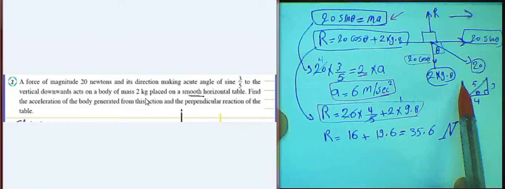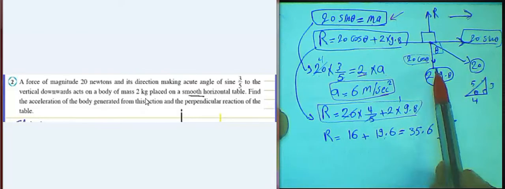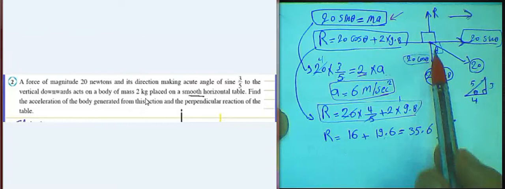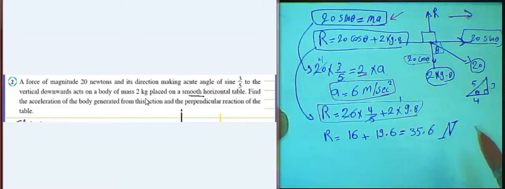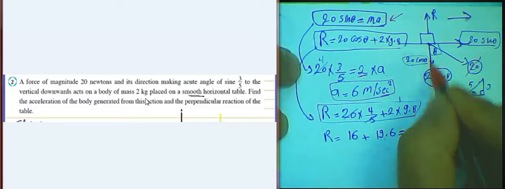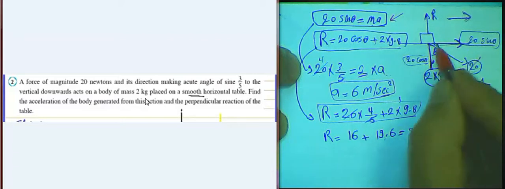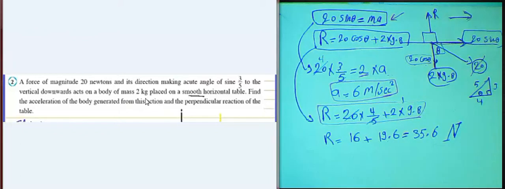Again, a force of magnitude 20 newtons, in a direction making acute angle theta to the vertical downward, is this angle here. A body of mass 2 kg. We can factorize this force about the vertical and horizontal lines: 20 cosine theta and 20 sine theta. We can write two equations here.